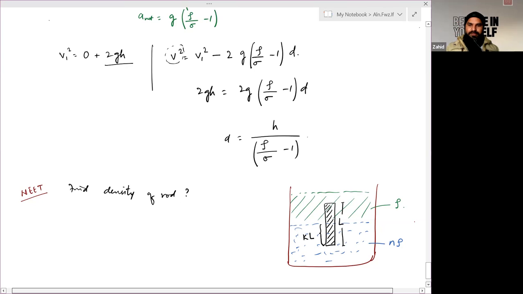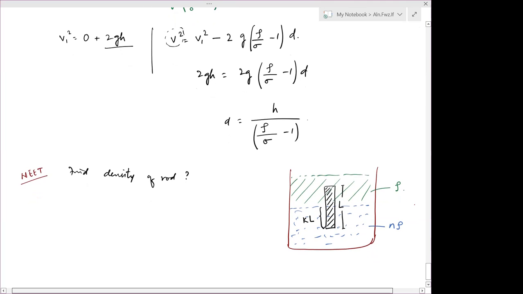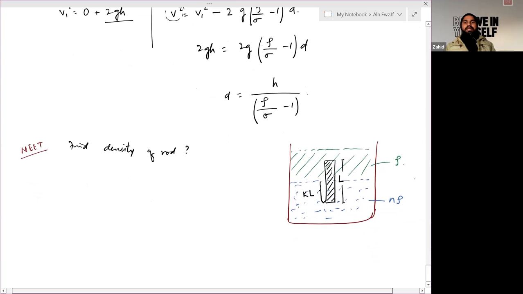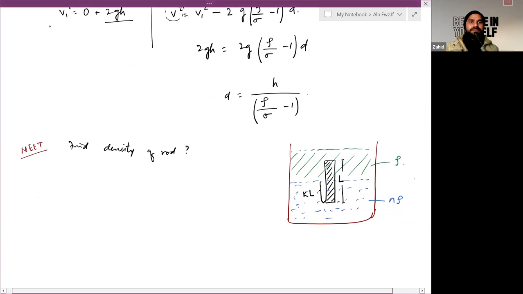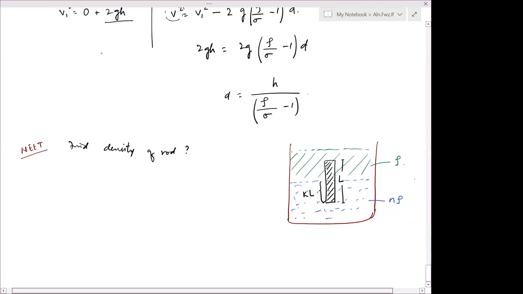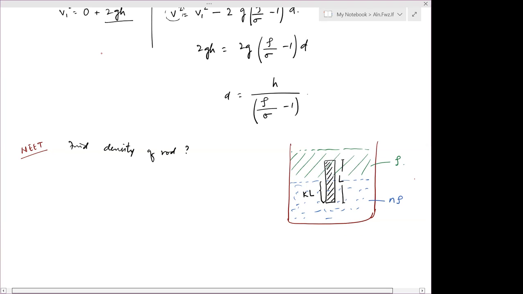First tell me, Ifra, what are the forces acting on this particular object in this condition? So buoyant force is acting and weight is acting downward. So how many buoyant forces are there?